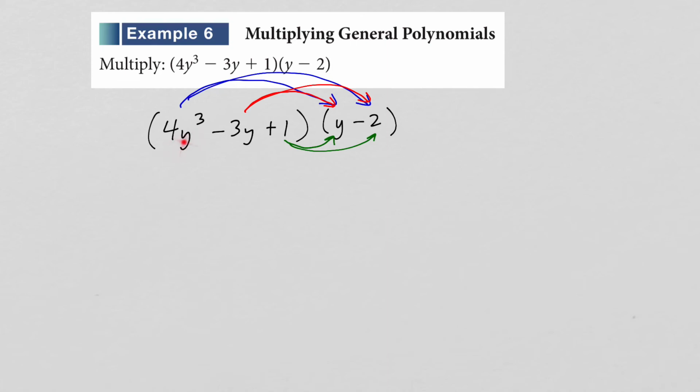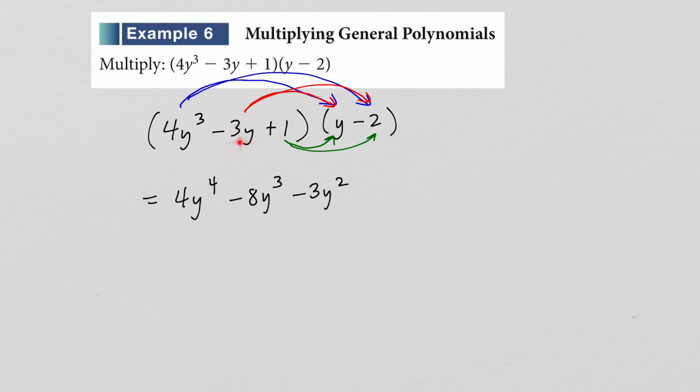We need to multiply 4y cubed times y, and that is going to give us 4y to the 4th power. Then we need to multiply 4y cubed times -2. That gives us -8y cubed. Moving to the second term, -3y multiplied by y is -3y squared.